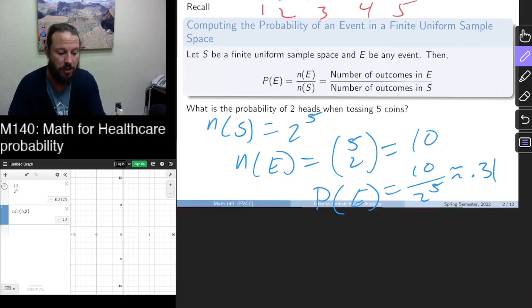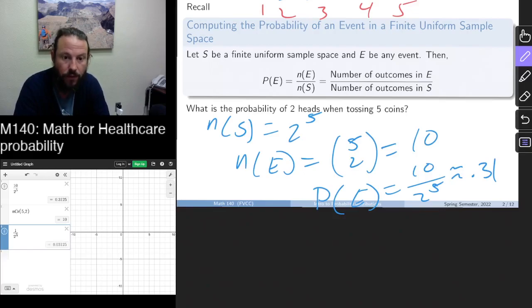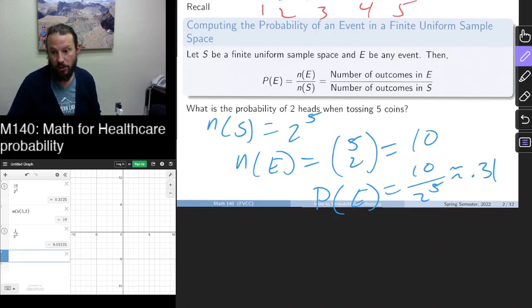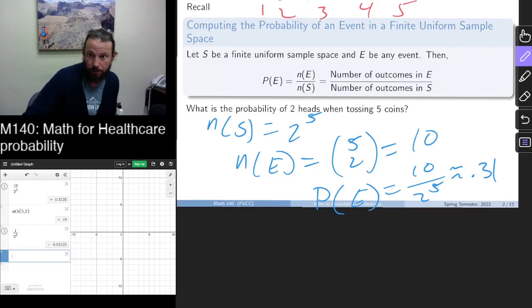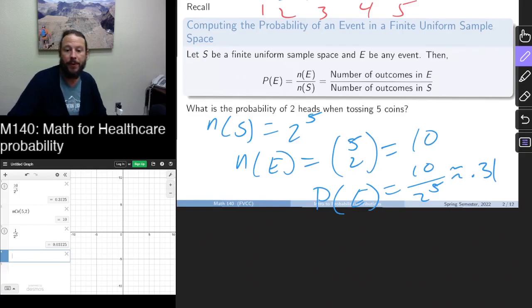We still have the same sample space, so that's 1 divided by 2 to the 5th, and that's only about a 3% chance, so we may be a little skeptical. Nothing definite, just slightly skeptical.